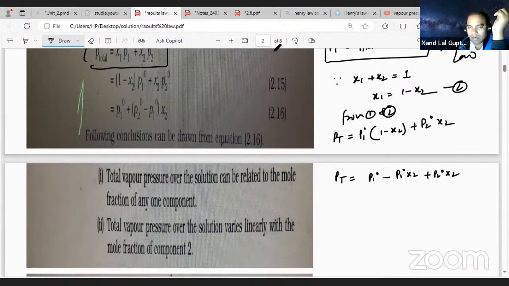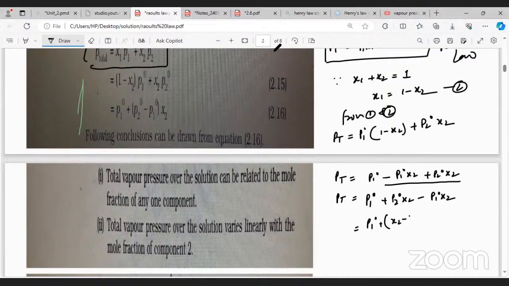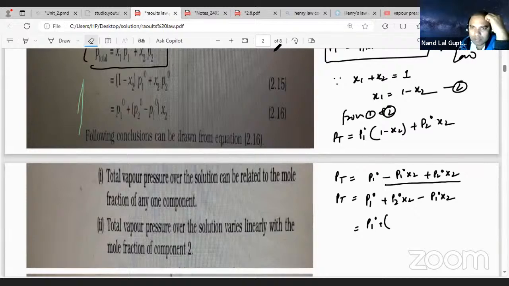Now, rearranging positive first, then negative: P2 not x2 minus P1 not x2. Here x2 is common.